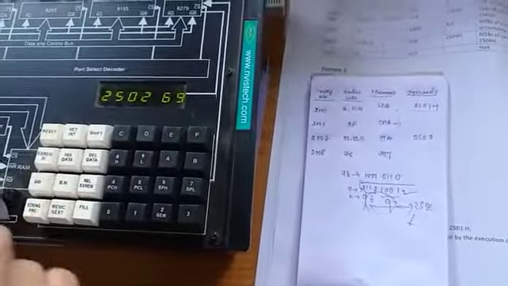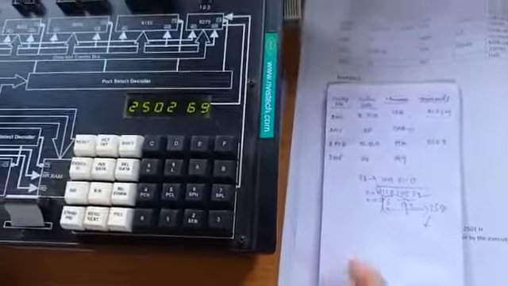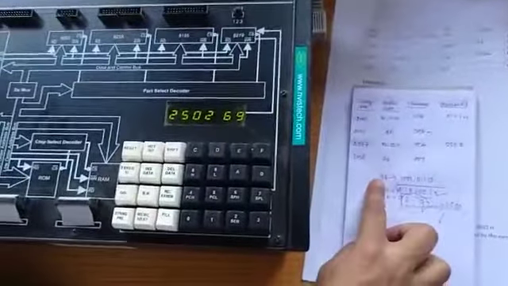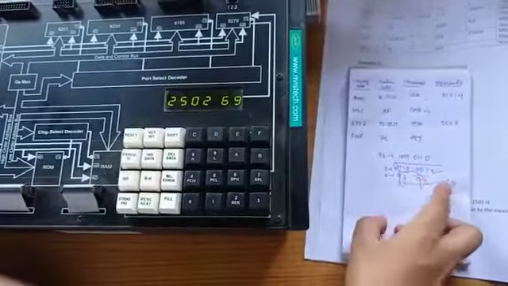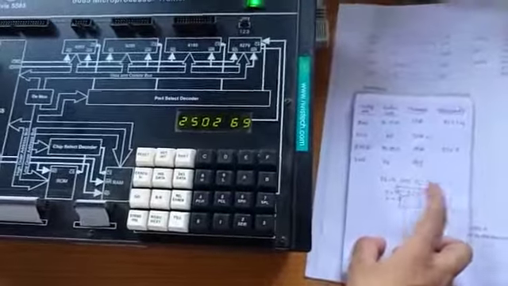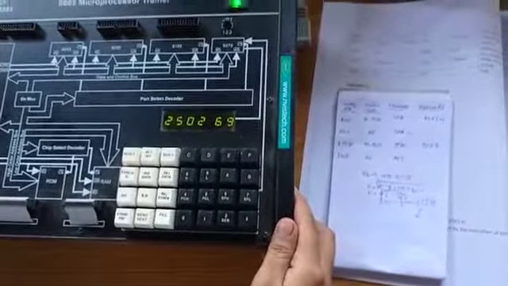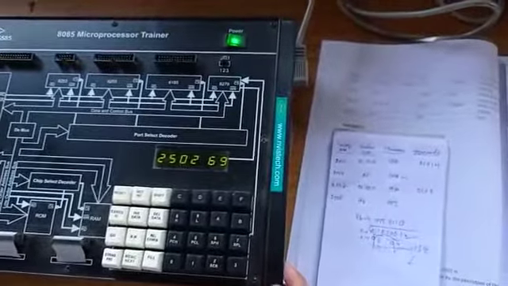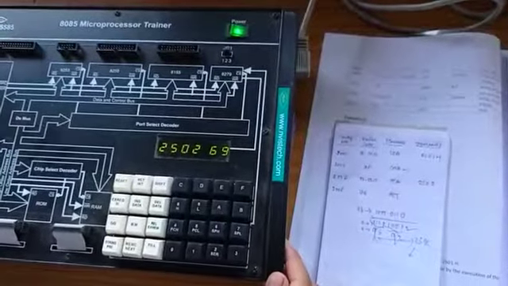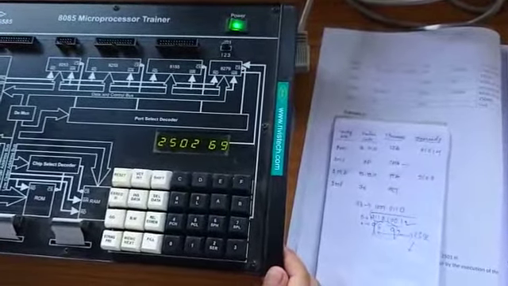Next in 2502, that is 69. So the 1s complement of 96 is 69, that we have performed in the manual method as well as in the 8085 trainer kit. So in this way we have successfully completed this program.